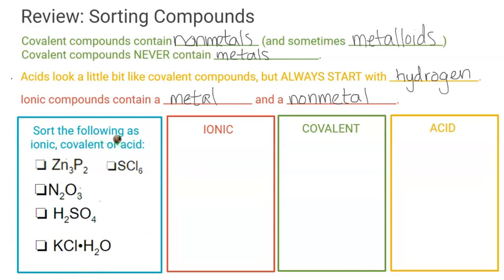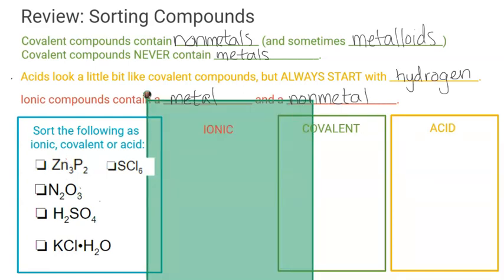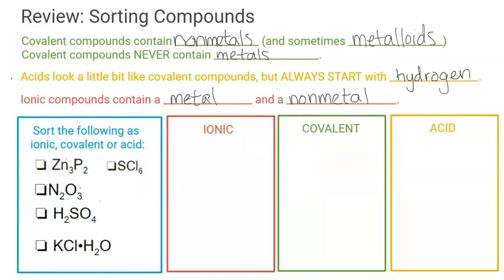So using those three rules, this first compound, Zn3P2, because it has that element zinc in it, we know zinc is a metal, that's going to go into the ionic category. So I'll start here by writing that into the ionic category, Zn3P2.